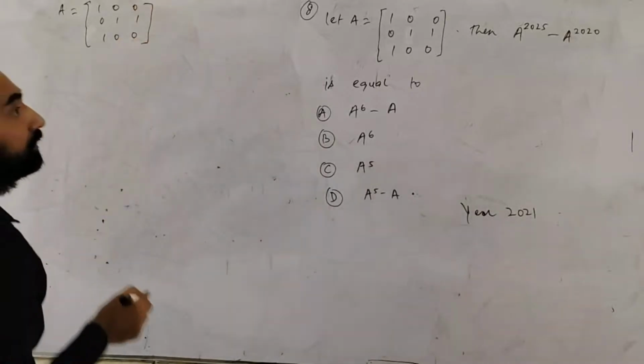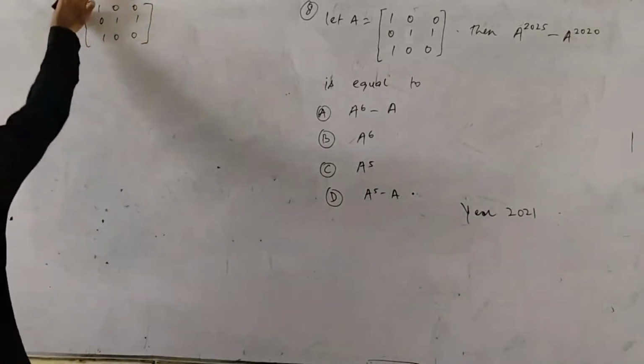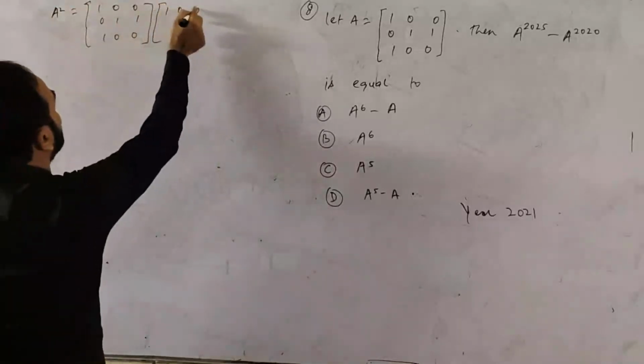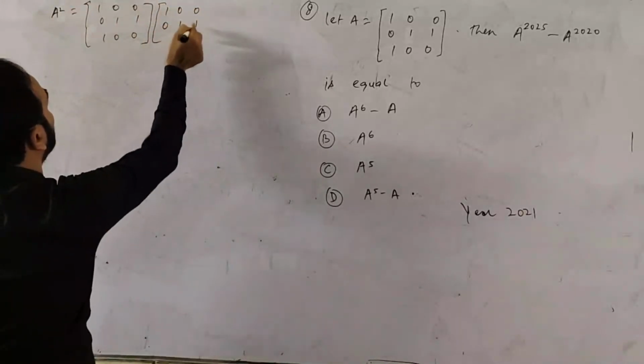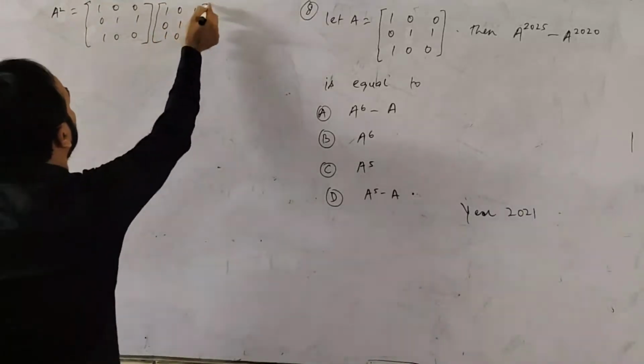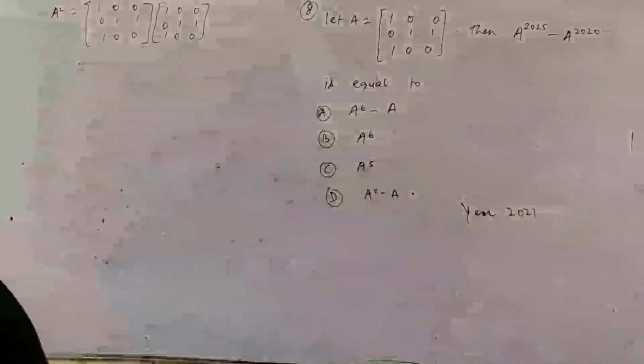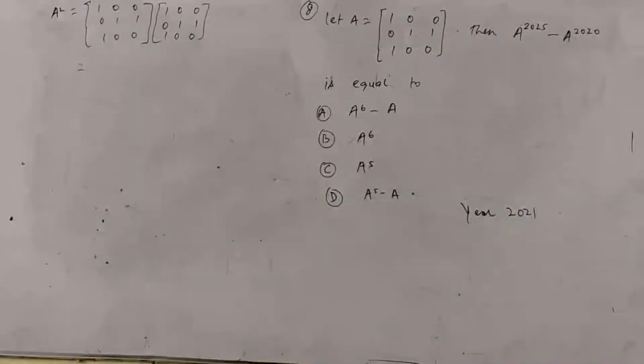Done? So start with A square. A square will be 1, 0, 0, 0, 1, 1, 1, 0, 0 times the same matrix, right? Start making the calculation. First row, first column. Just see what A square we are getting.